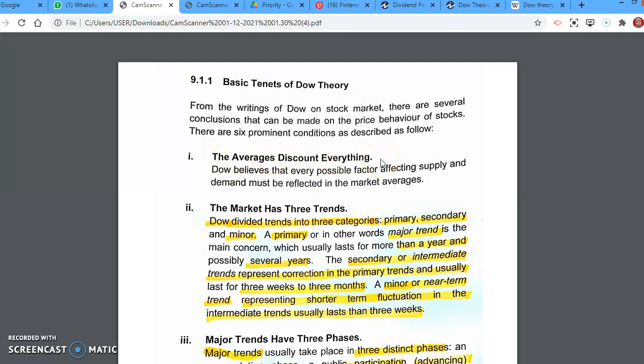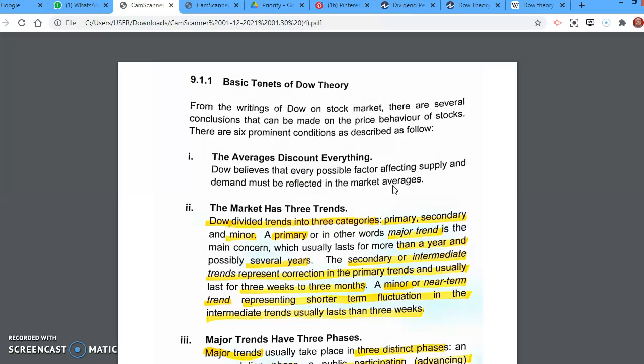So in the Dow theory, it says the average will discount everything, right? Meaning that over here Dow believes that every possible factor affecting the supply and demand must be reflected in the market average. So the Dow theory mostly looks at the average movement of the share price.